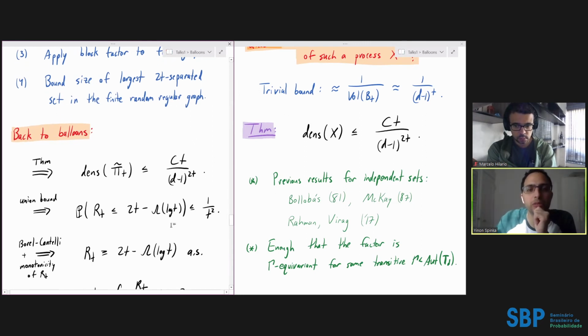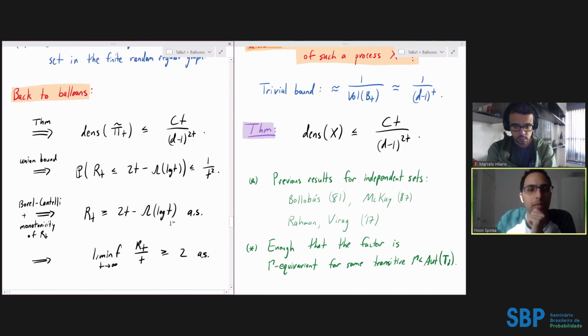Okay, so back to the balloons. How does this give us the result? Well, if we apply the theorem, it tells us that the density of this projected process, the set of vertices that we got from projecting the balloon centers, has density at most this.